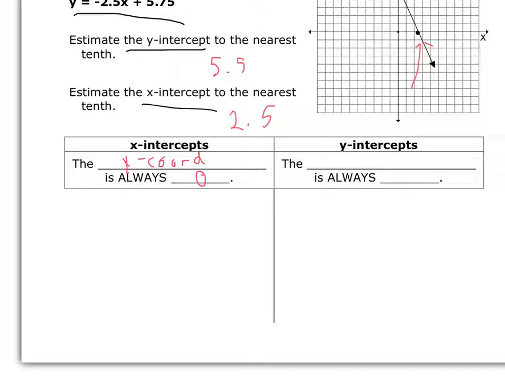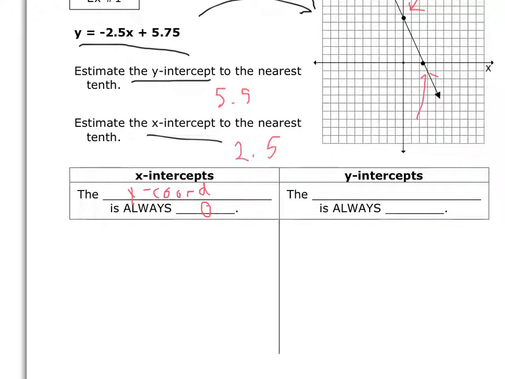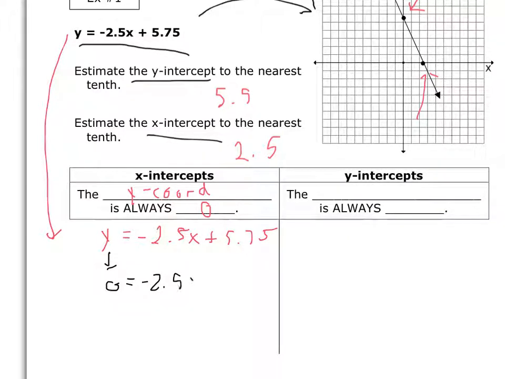So we bring our equation down: y equals negative 2.5x plus 5.75. We're going to find our x-intercept when we know that y is 0, so we take that 0 value and plug it in where our y is. So we have 0 equals negative 2.5x plus 5.75.